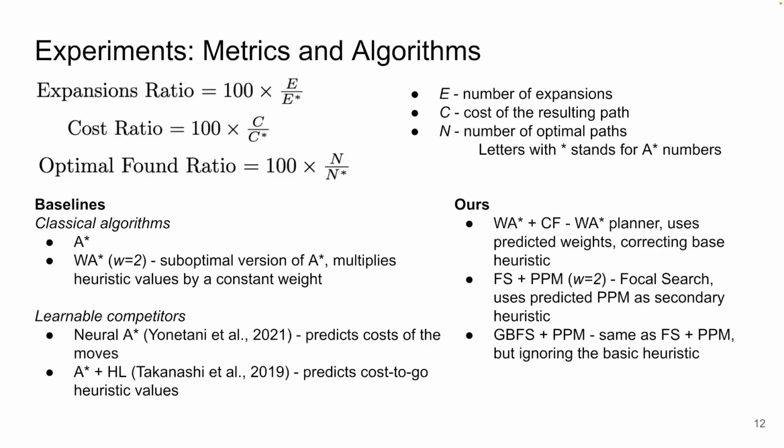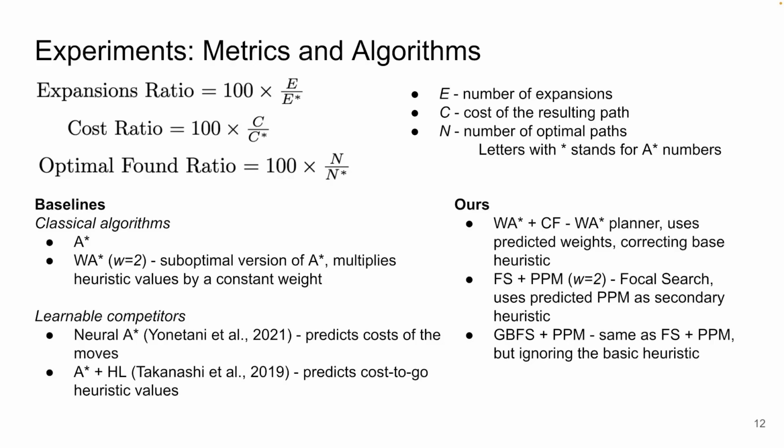To measure the performance of the models, we use the following metrics: expansions ratio, the ratio of the number of expansions performed by the planner to the number of A-star expansions; cost ratio, the same ratio but for the solution cost; and optimal found ratio, the ratio of instances optimally solved by the planner.